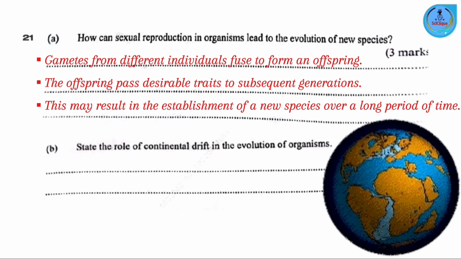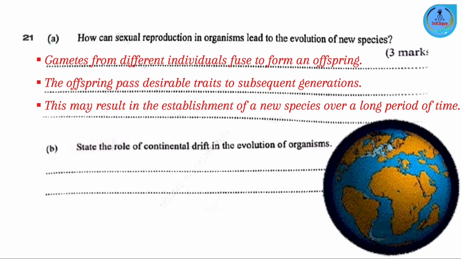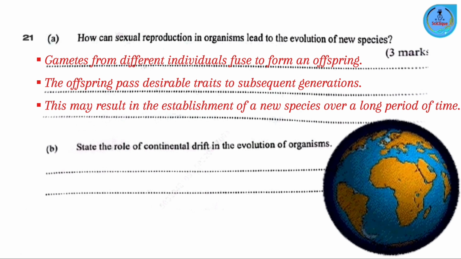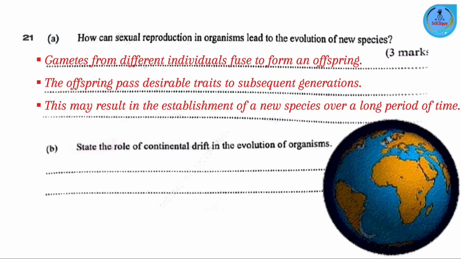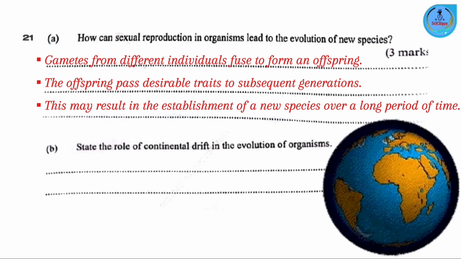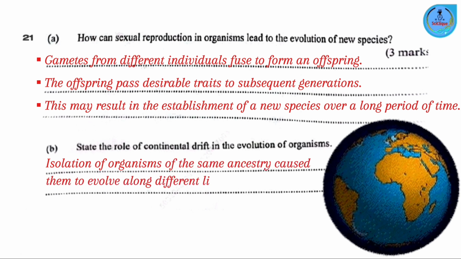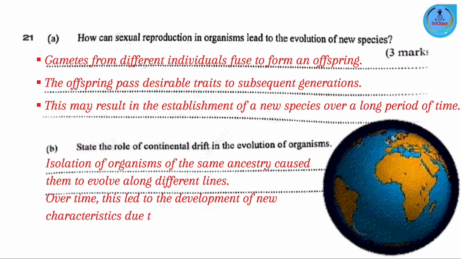They drifted from one another. So these smaller parts are what led to the formation of the present day continents that we know of. Africa, Asia, Antarctica, and so on. So when this happened, the organisms that had previously the same ancestry had to evolve differently over time. And this led to the development of different species.